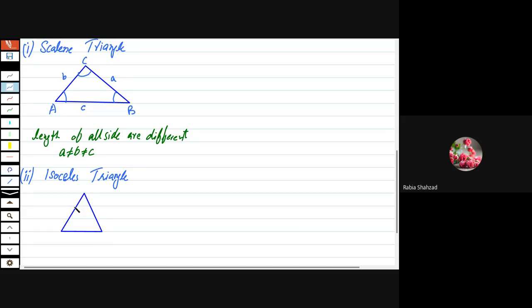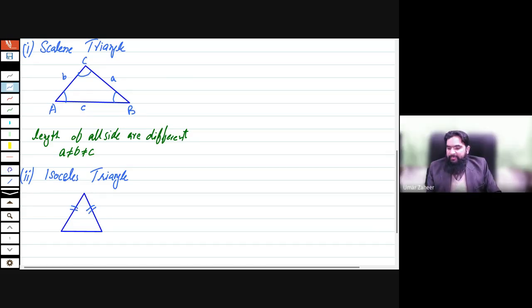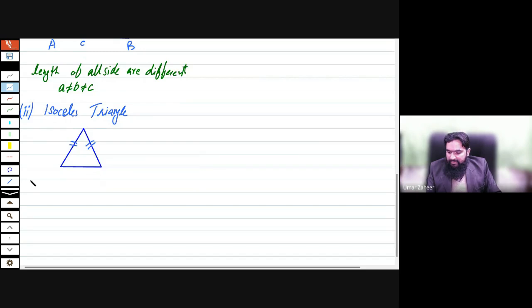I just tried my best to make these two the same. It is a triangle in which the lengths of two sides are equal. Such type of triangle is known as isosceles triangle.